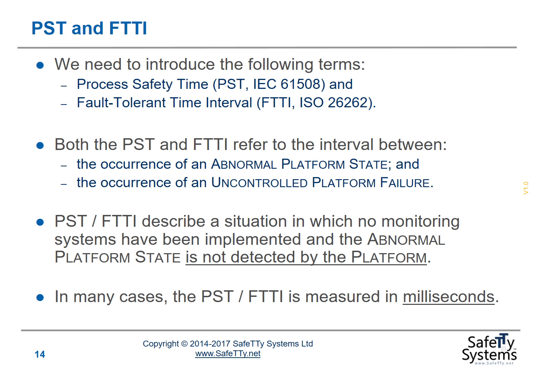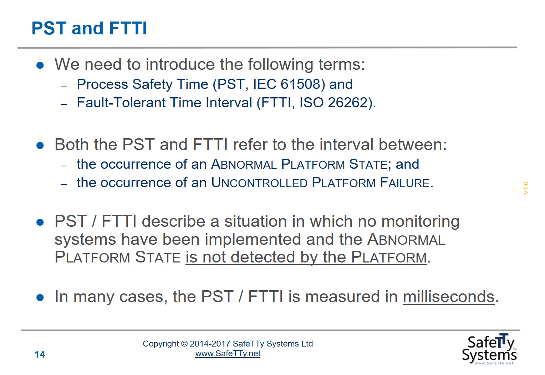They both refer to the interval between the occurrence of an abnormal platform state and the occurrence of an uncontrolled platform failure. So the PST or FTTI describe a situation in which no monitoring systems have been implemented and the abnormal platform state is therefore not detected by the platform.